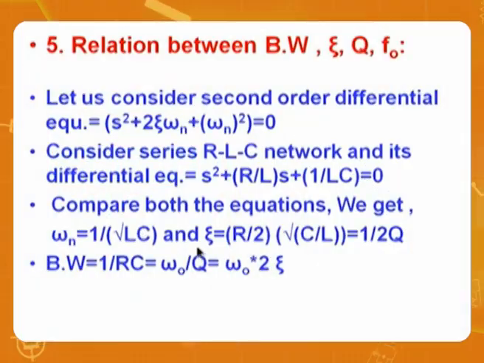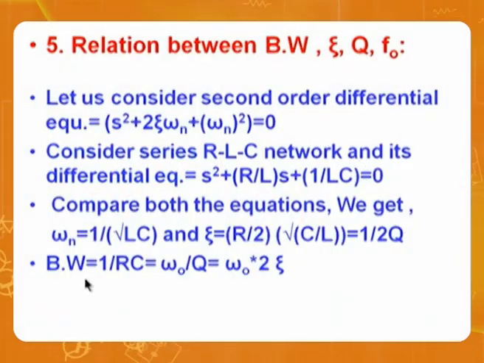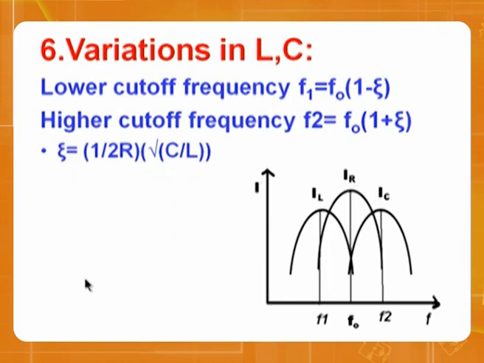The relation is also the same. As I told you, there it was R by L, now it is 1 by RC. Bandwidth is 1 by RC. Frequency is anyway 1 by root of LC. So these two are very important for our calculations. Zeta, the damping factor, is after all an intermediate step for calculation. But the ultimate steps are what is the frequency, what is the bandwidth.